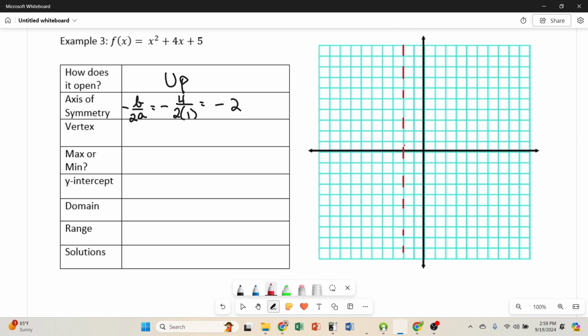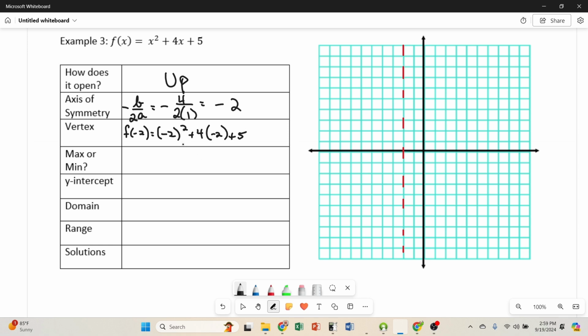So I know my vertex is going to be on this line, so we're going to plug in negative 2 into our function, right? So f of negative 2 here is equal to negative 2 squared plus 4 times negative 2 plus 5.